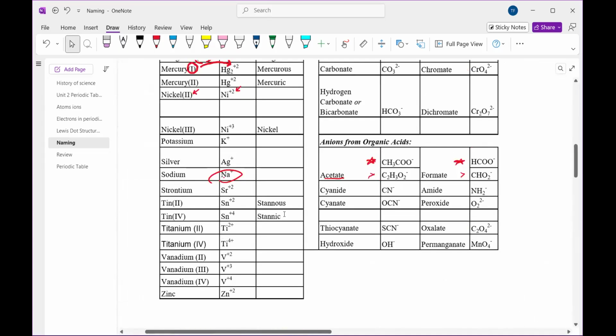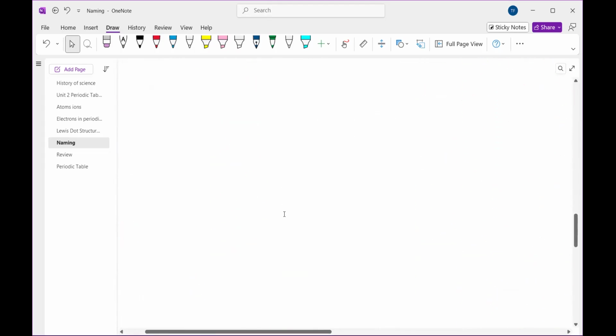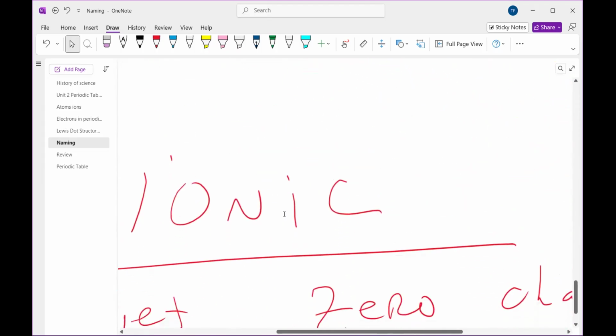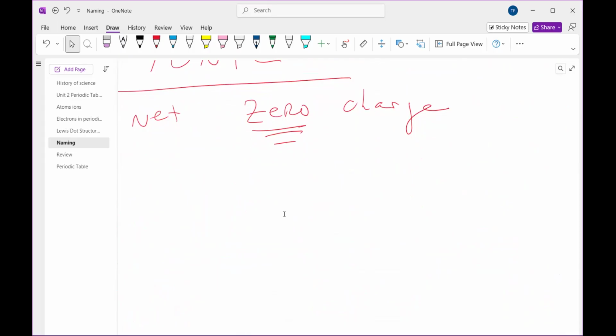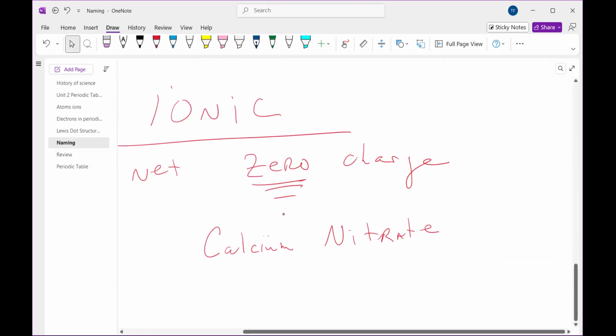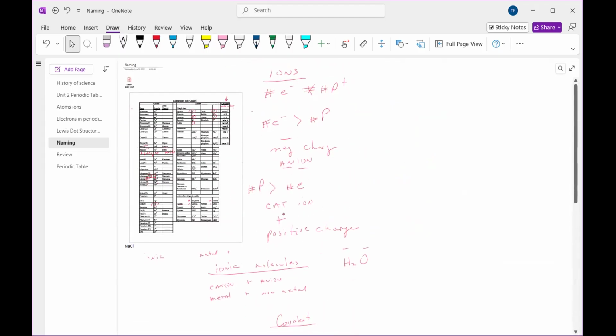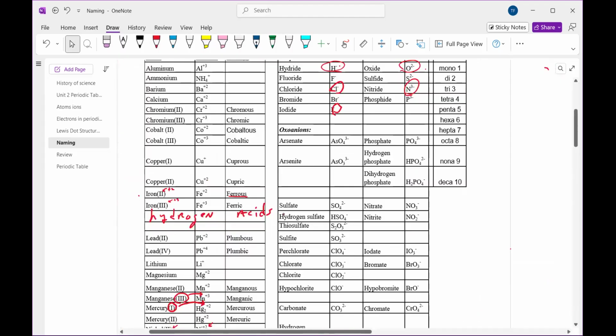Okay, so let's look at an ionic example. Again, net charge 0. Let's write the formula for calcium nitrate. We go to the common ion chart and find calcium.